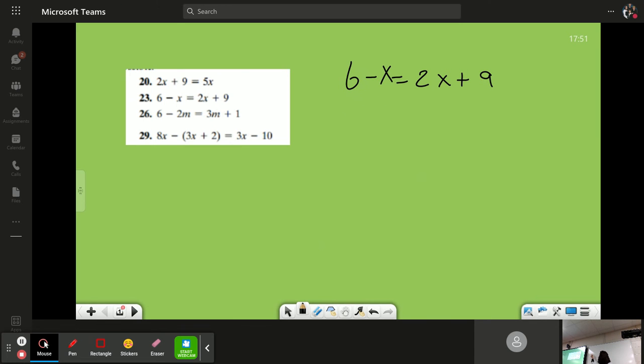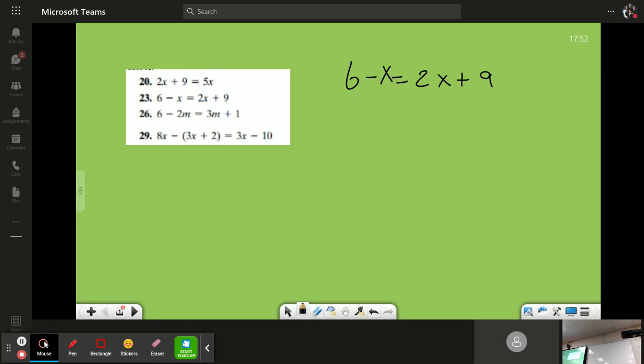Don't means with parentheses, I have to distribute. Call me means that I have to collect like terms. After is multiply and divide, and midnight is add, subtract, last. Okay, so on this one, do I have any parentheses that I'm going to need to distribute? No, so I'm going to start out with collecting my like terms.